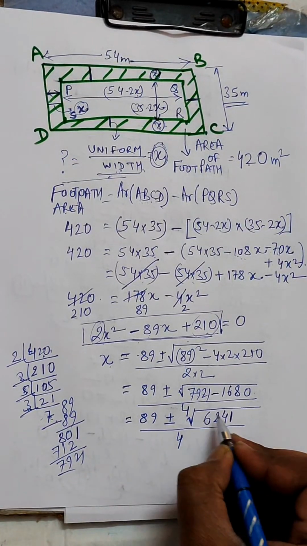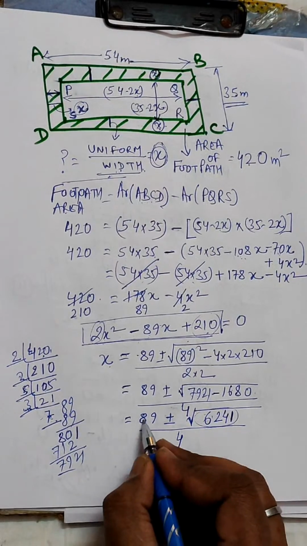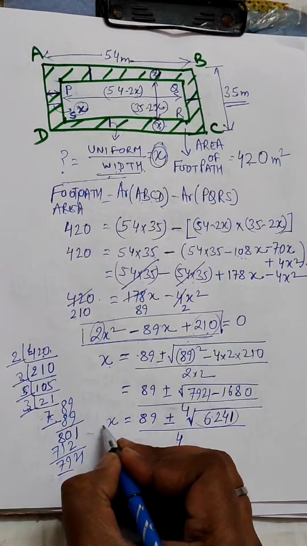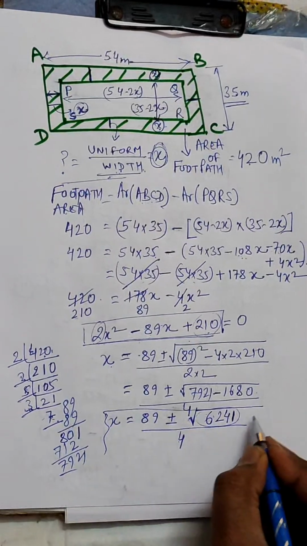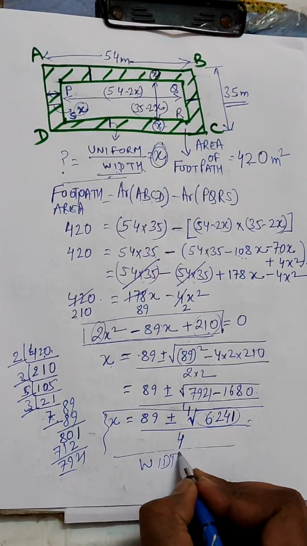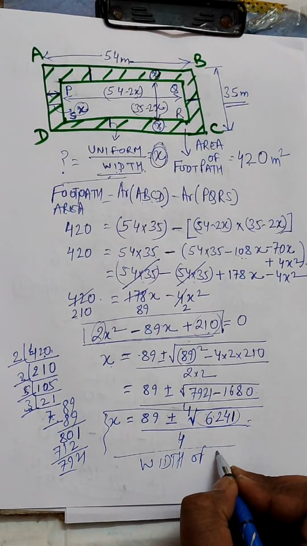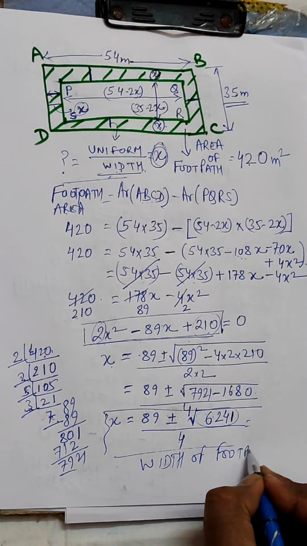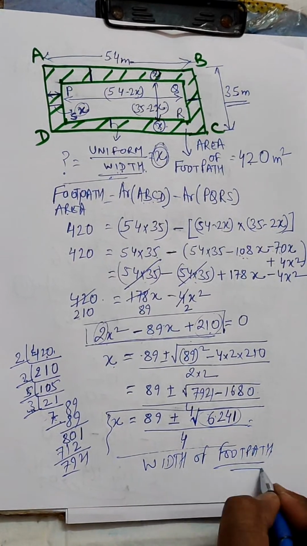You just take the square root of this and add it with 89, divided by 4, and you will get the value of x. So in this way, this is the width of the footpath which you can calculate.